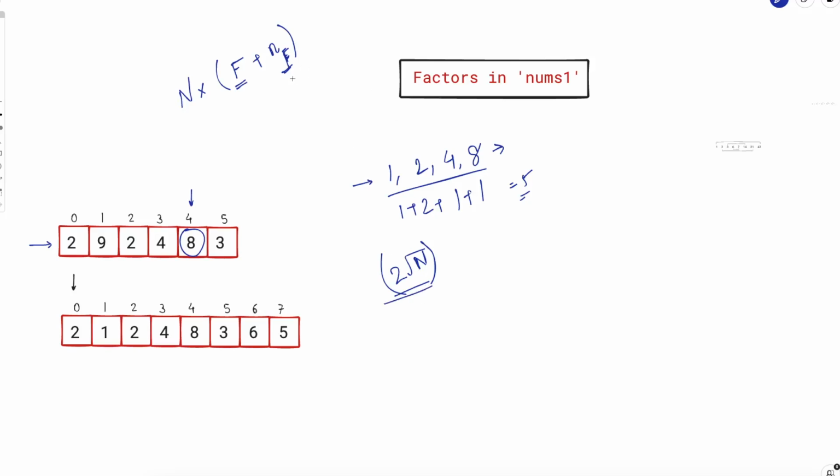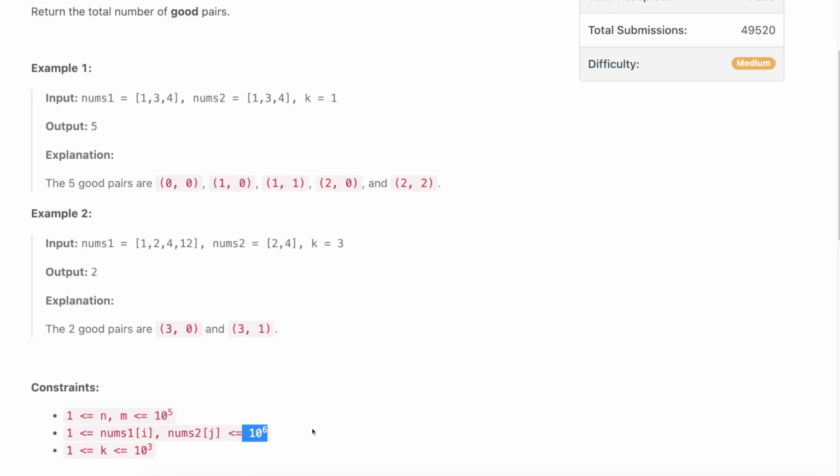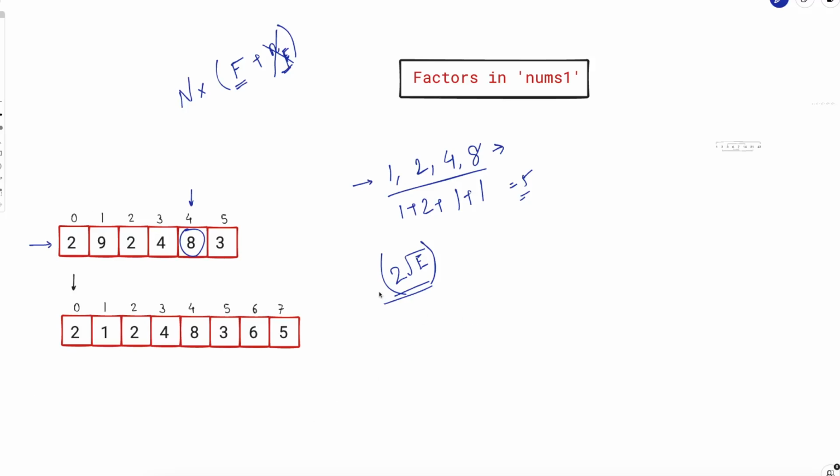So if the number of factors is 2 root n at max, so this entire thing is 2 root e, let's say n is already there, so e is the element for which we are trying to find the factors. So 2 root e is nf. So root e is something we can afford because the element is just 10 power 6, so root e would be 10 power 3, so 2 root e is fine.